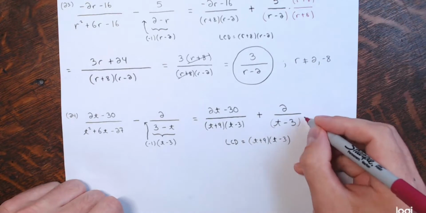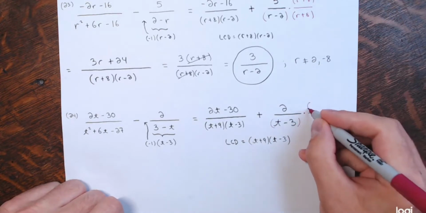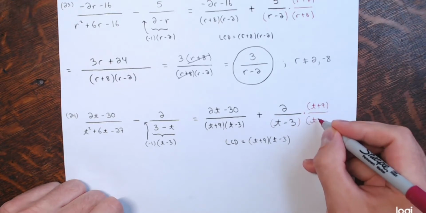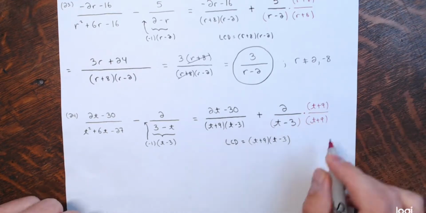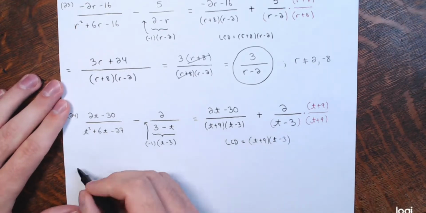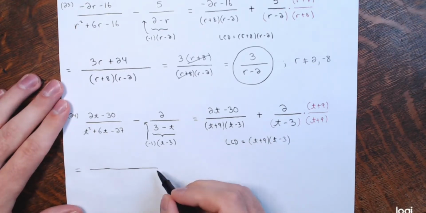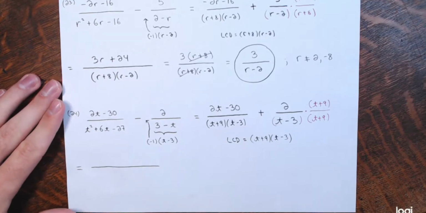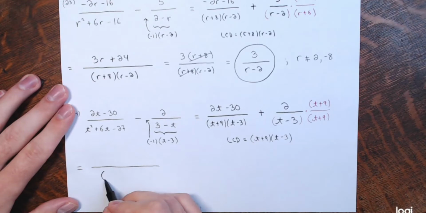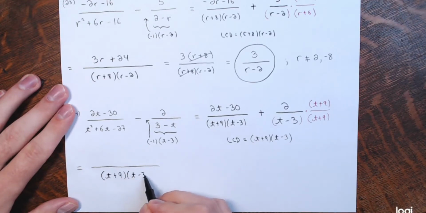So I'm multiplying the second fraction, I'm multiplying the numerator and denominator by t plus 9. Right, so that way both denominators are the same. And since both denominators are the same, I can put them together. I can add the fractions. And that common denominator will be the denominator of the sum, t plus 9 times t minus 3.